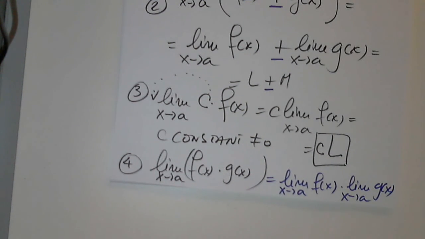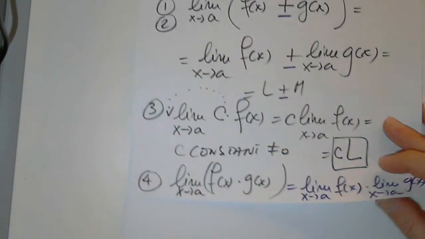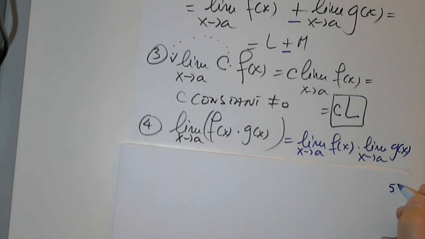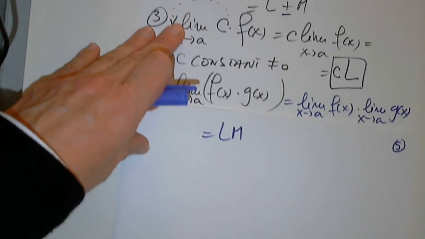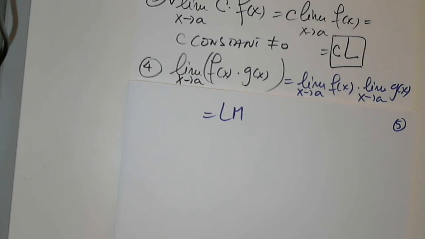And in our context, this limit equals L times M. That's it. In other words, the number that is the first limit times the number that is the second limit. Any questions so far?